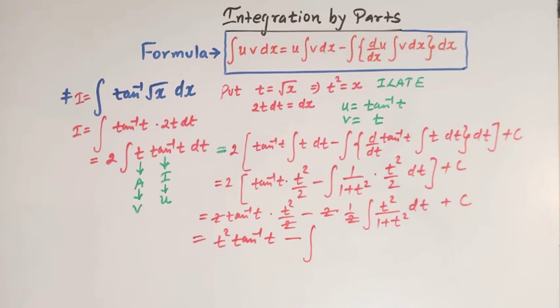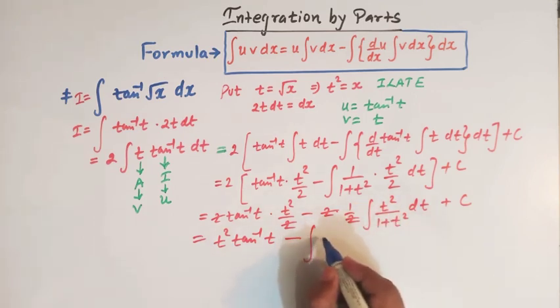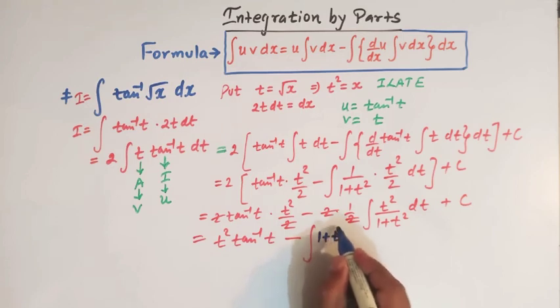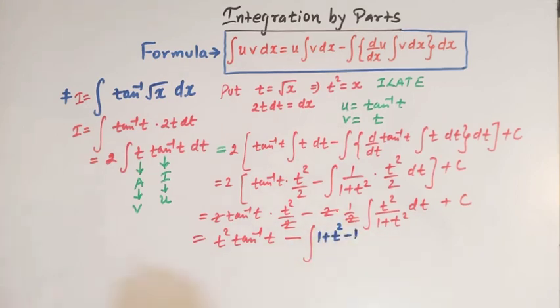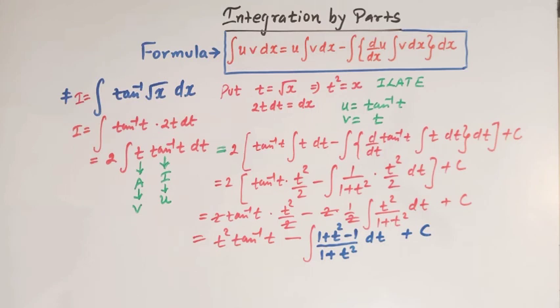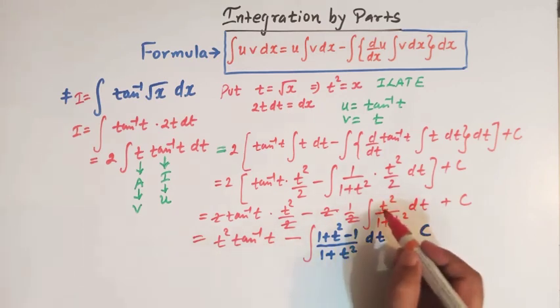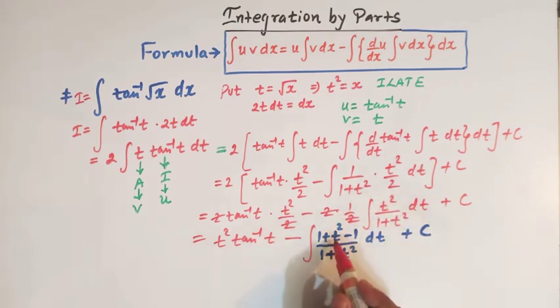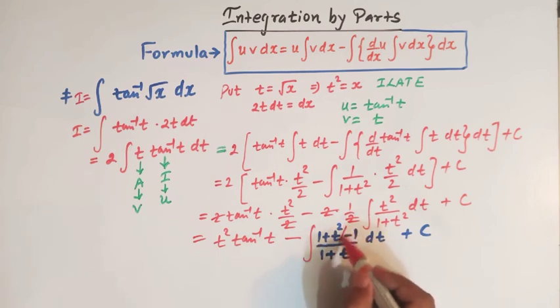Now this t square can be written as 1 plus t square minus 1, and in the denominator we have 1 plus t square dt, plus c. So what we have done here is expressed t square as 1 plus t square minus 1, and from here we will split this function.